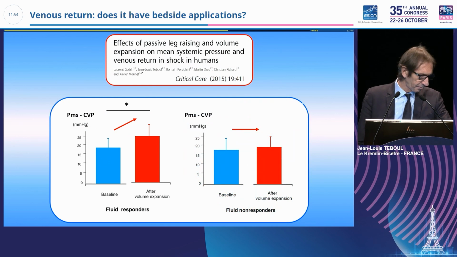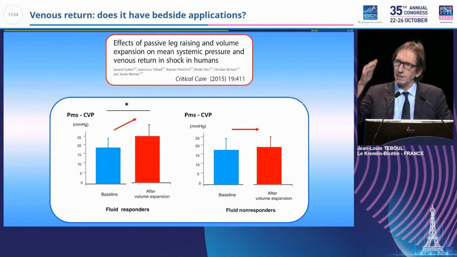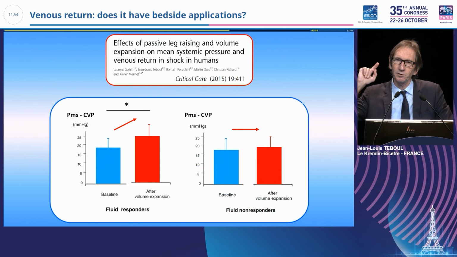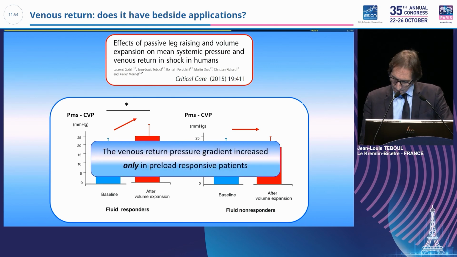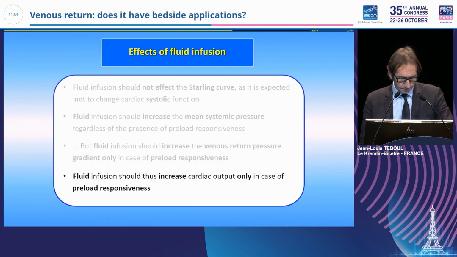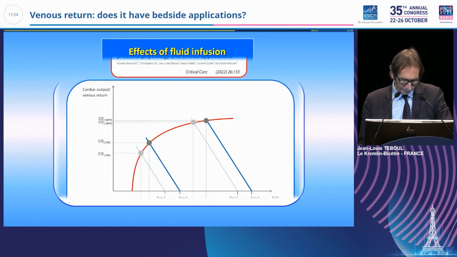And this is what we confirm here. We confirm that in non-responsive patients, we have no change in the venous return pressure gradient. So, fluid infusion should increase cardiac output only in case of pleural responsiveness. This is consistent with physiology.